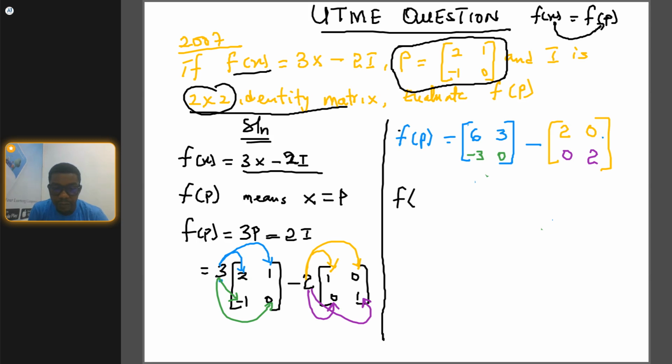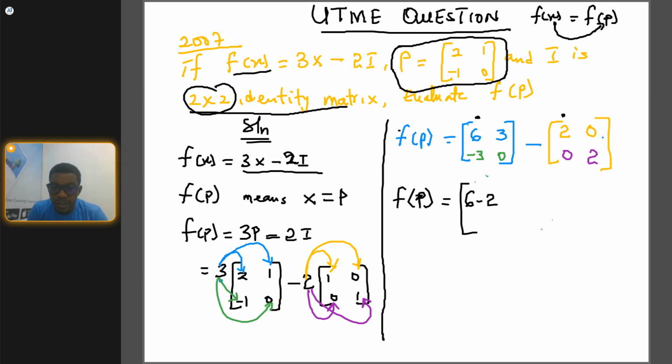F of P will be equal to the corresponding values you are subtracting. This is corresponding to this value. They have the same arrangement, the same position, and the same position is what you are going to be subtracting. So 6 and 2 have the same position. To subtract, you are going to have 6 minus 2.